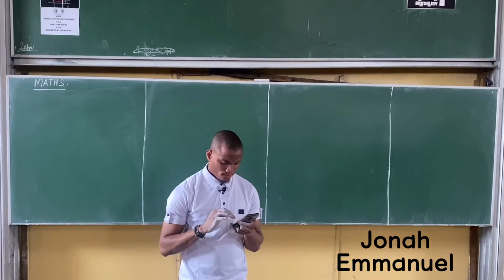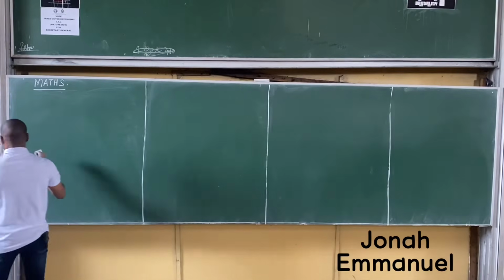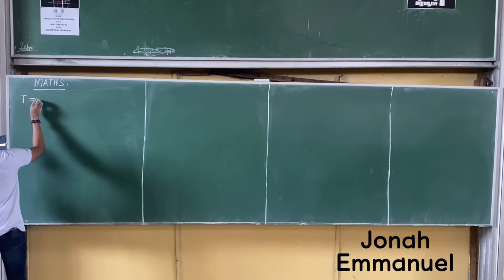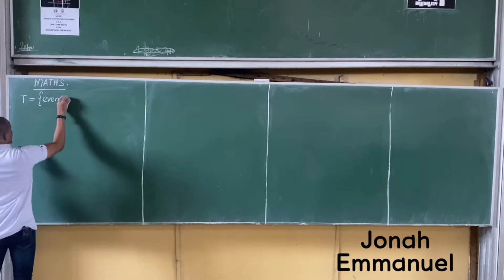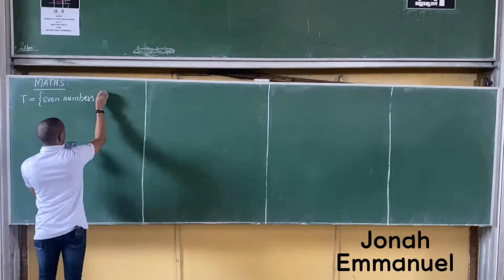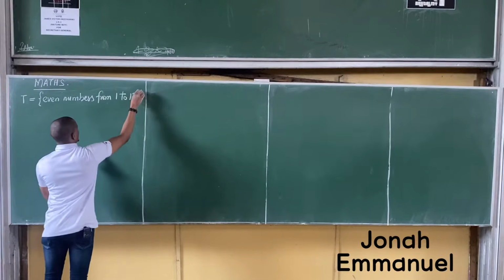That's the intersection. Example, please. Given T is equal to even numbers from 1 to 12.